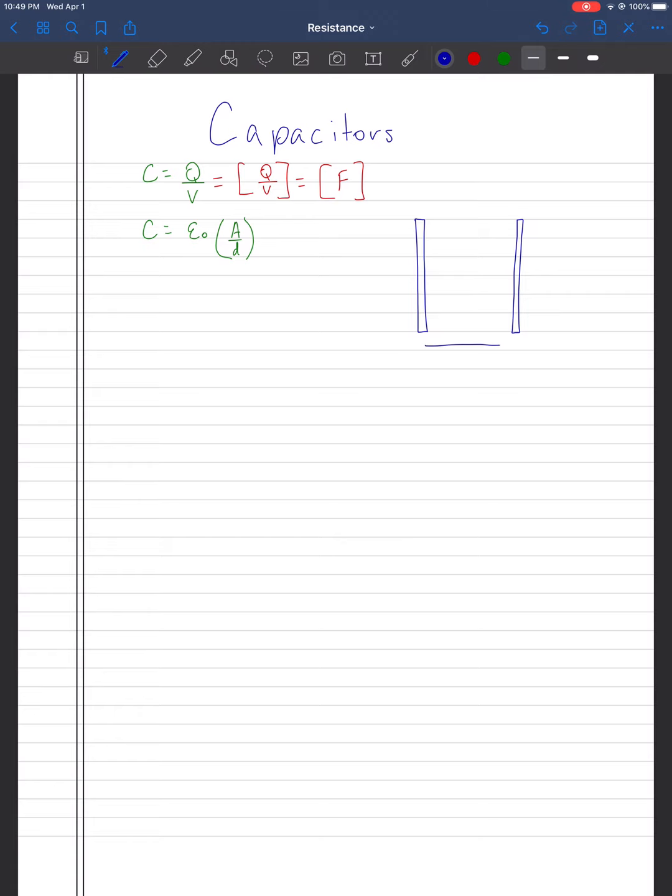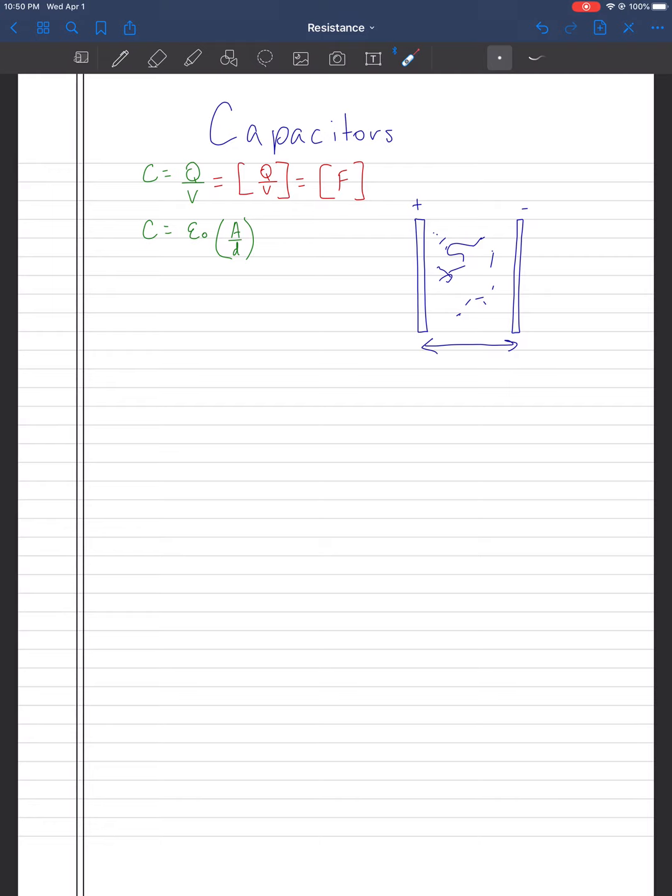Maybe the further apart you go, the less easy it is for that attraction between the plates, let's say this is the positive plate and this is the negative plate, to hold that charge comfortably. The further apart the two plates go from each other, the less that strength is between them. The greater this distance gets, the smaller this C gets. That's the way we look at it.